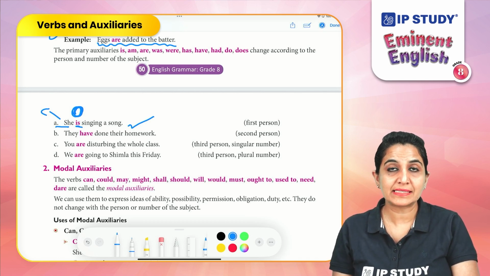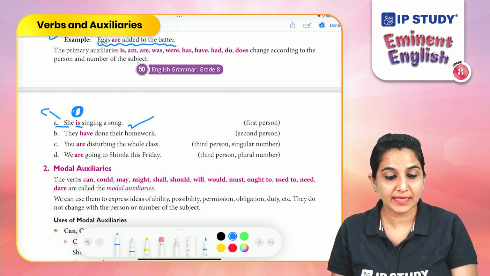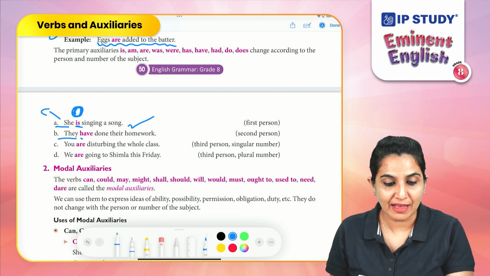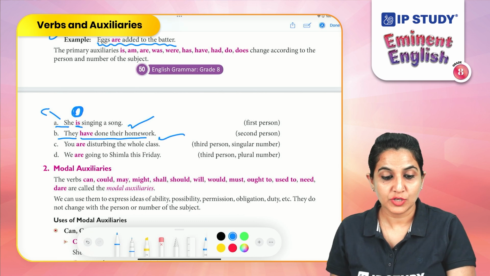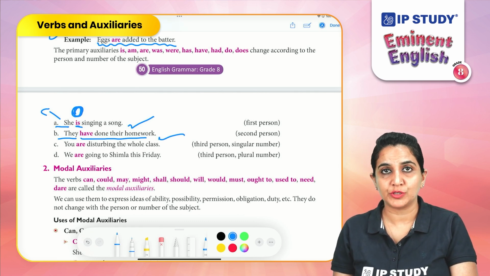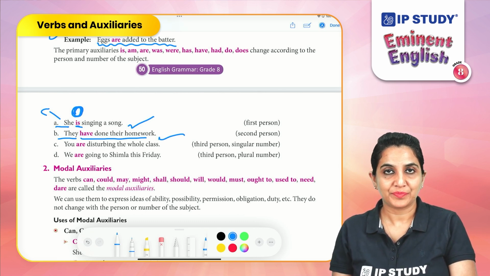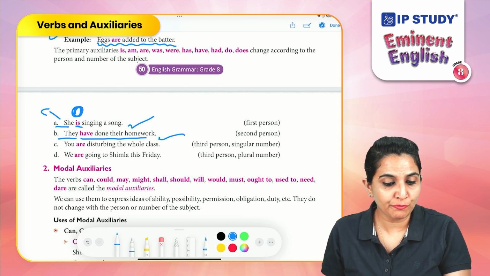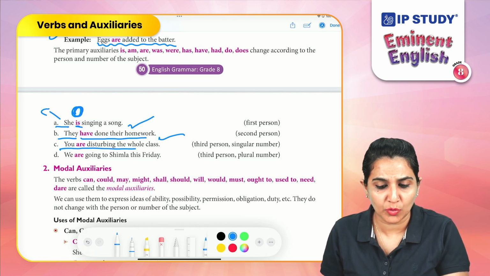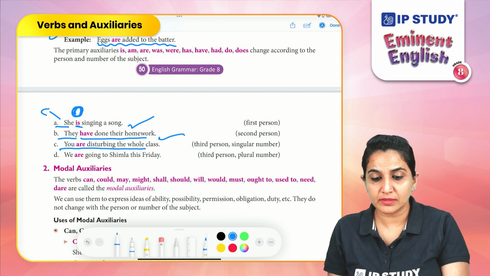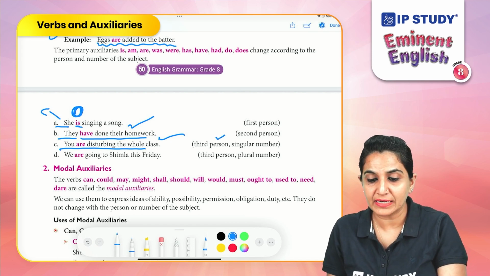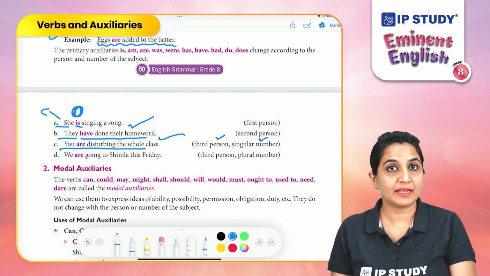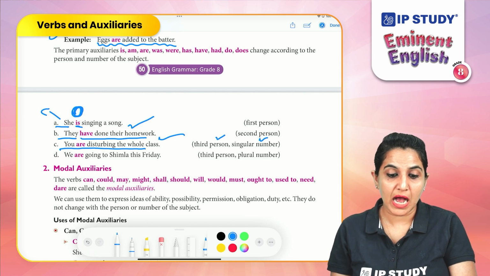If it was the second person, like you have done your homework. With the second person, we often use have or are. You are disturbing the whole class. Therefore, we have used are.